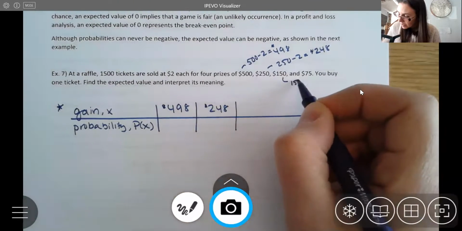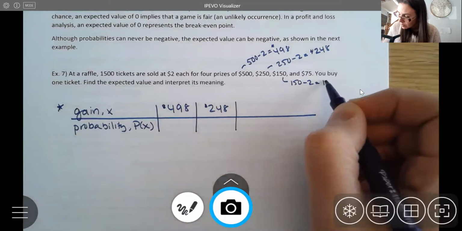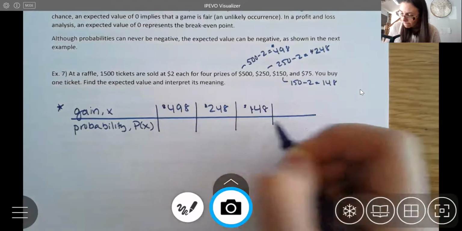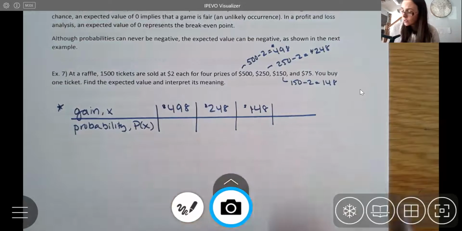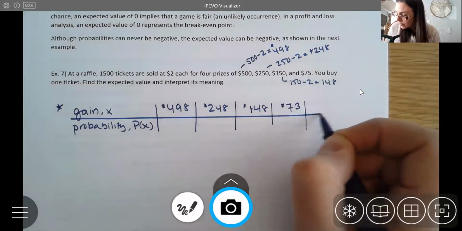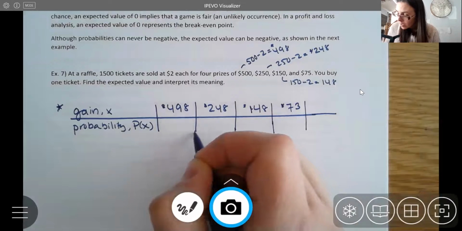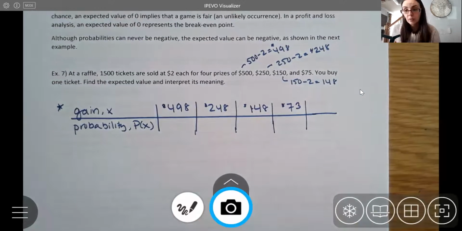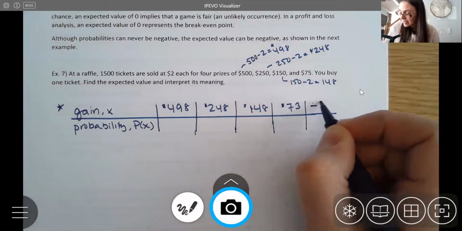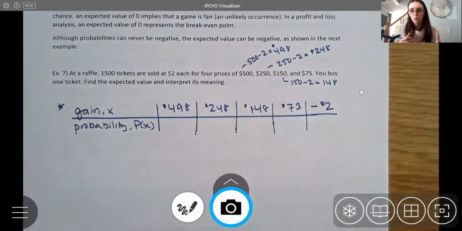For the 150, same idea: you've already spent $2, so you're looking at $148 for a profit here. And for the 75, once you subtract those $2, you have $73 for a profit. Now, the other thing that can happen is that you lose, right? If you lose, then you have a negative gain. You're down $2, so we use a negative to represent loss here.